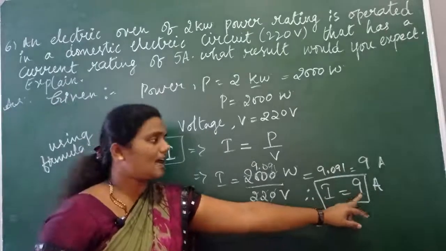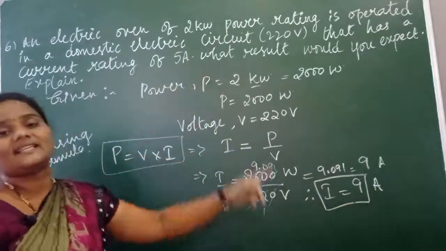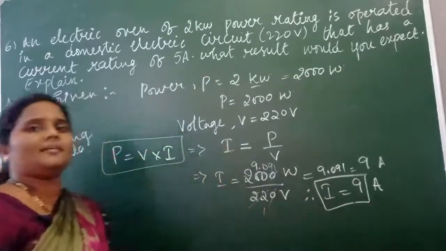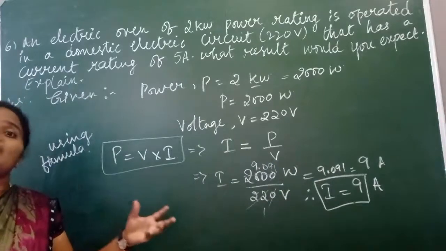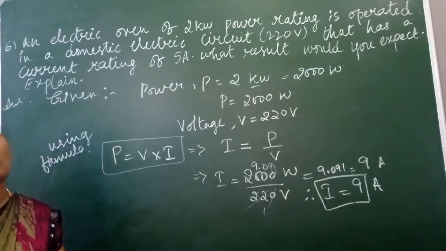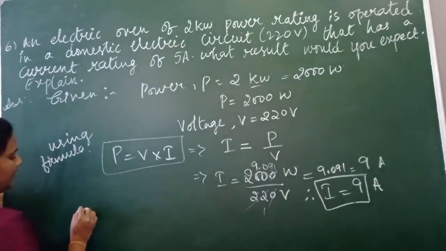It needs what? 9 amperes of current. So the safer limit is exceeded now, isn't it? It uses more than the safe limit. So the fuse wire starts melting and the circuit becomes open.